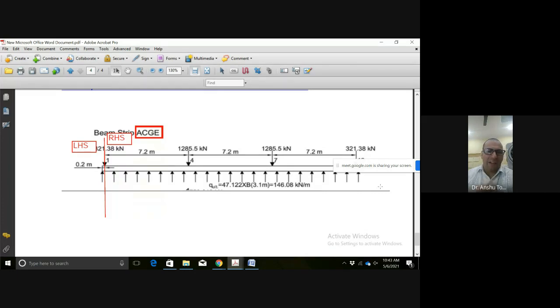So now you have a UDL acting from the bottom, on the soffit of the raft, as a soil reaction UDL, and you have various factored column loads, which are average loads corresponding to the net static equilibrium condition being satisfied. Now I need from you the shear force on the left hand side of this arrow.